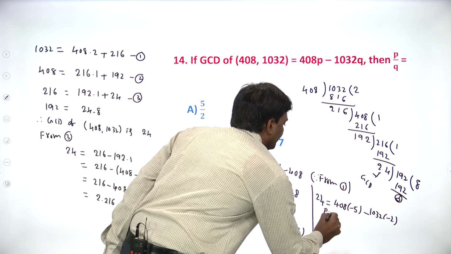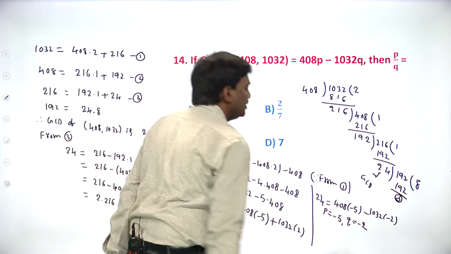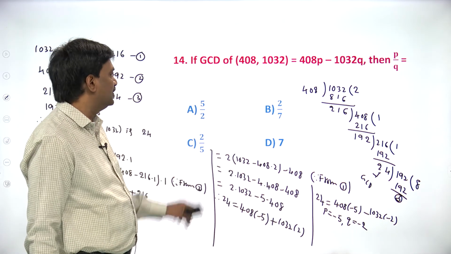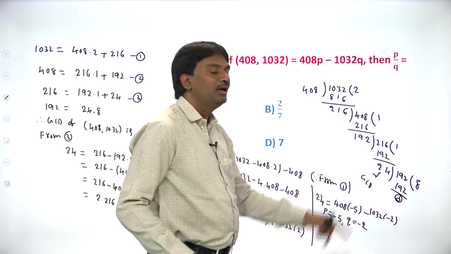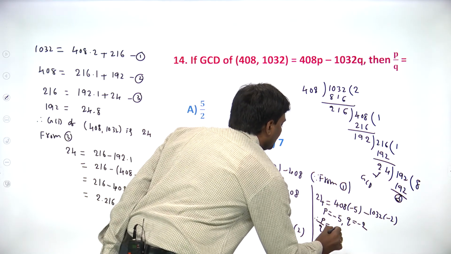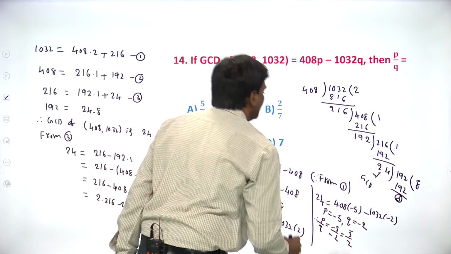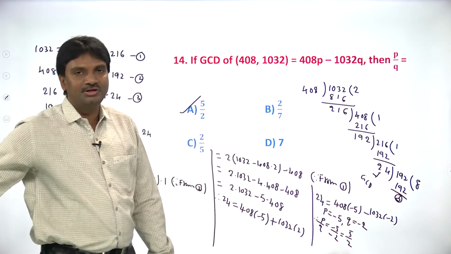So therefore P equal to minus 5, Q equal to minus 2. So what is P by Q? P by Q equal to minus 5 by minus 2, minus minus get cancelled, plus 5 by 2. So that is option A.